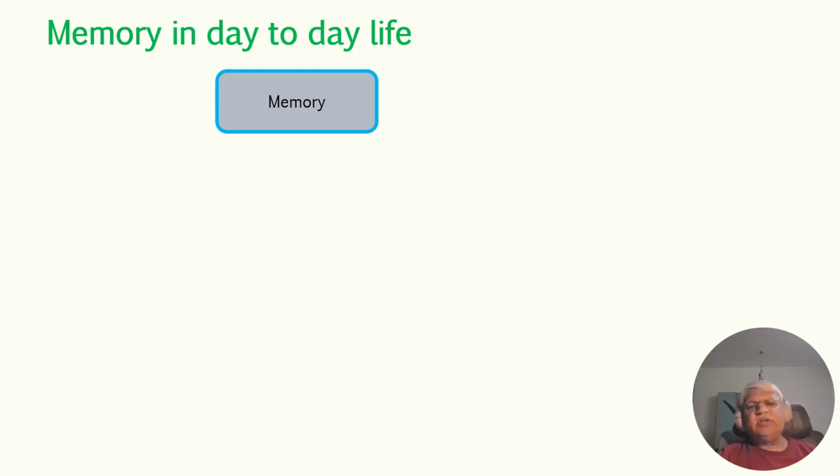Before knowing which memories are used in chips, let us find out what types of memories we use in day-to-day life. We use a scratchpad. It can be a rough notebook, or sometimes on the mobile phone we also note some information.